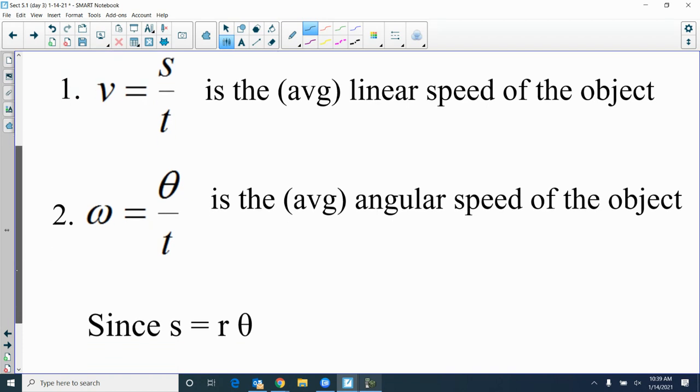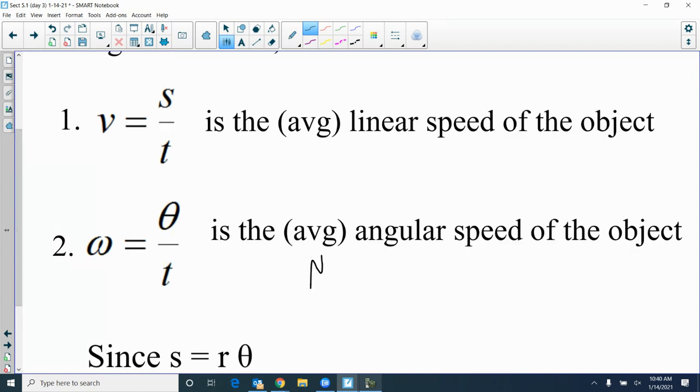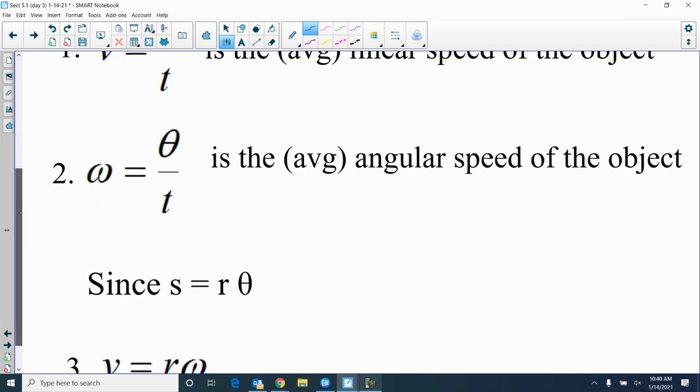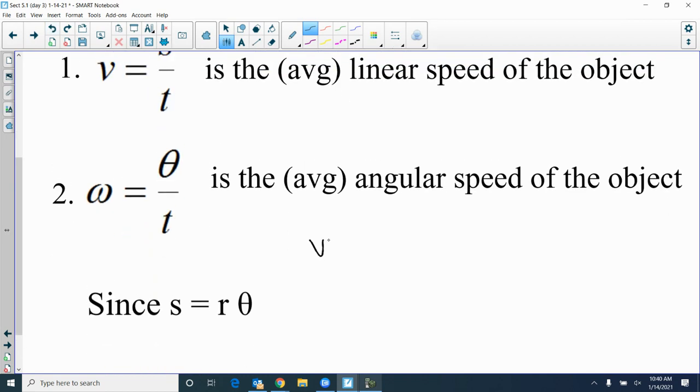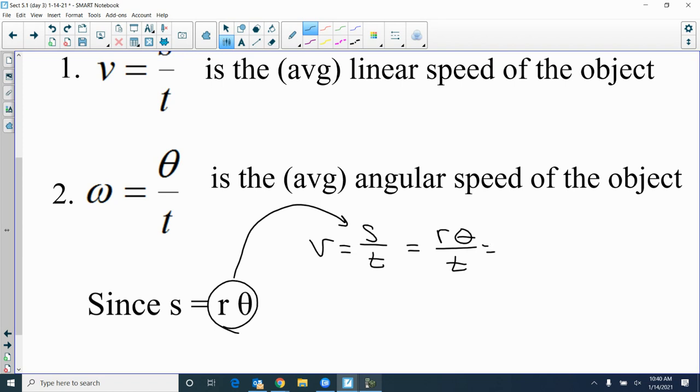All right, well, let's take a look at velocity here. So we know velocity equals s over t. And I know s equals r theta. So I can take r theta and substitute it in for s. So that becomes r theta divided by t. Well, what does omega equal? Omega equals theta divided by time.